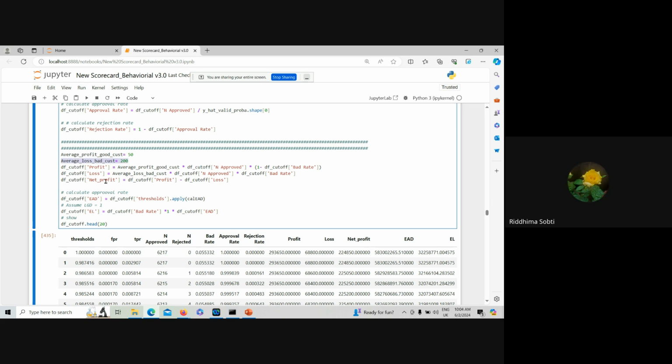So how is it? This includes misclassification. These are random numbers we have assumed, but it should come from the finance department. Okay. What is the profit per customer when it's a good customer? What is the loss for one customer when it's a bad customer?